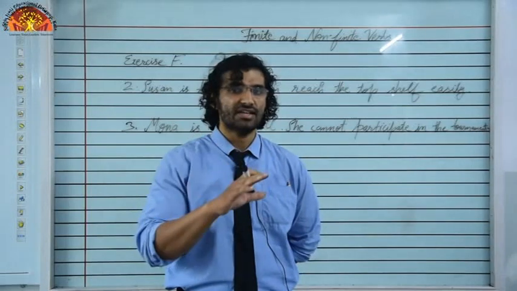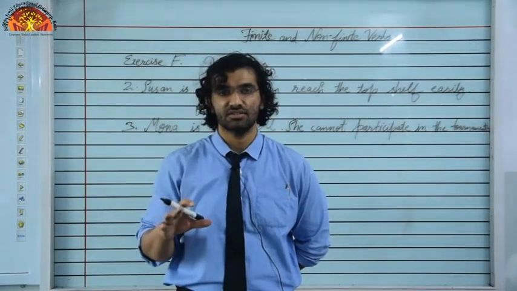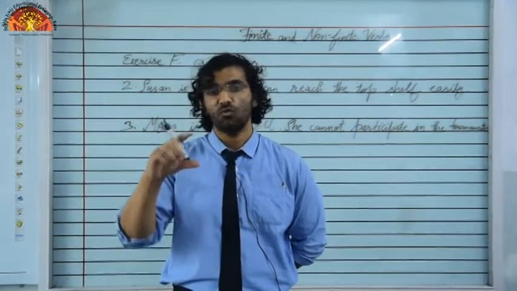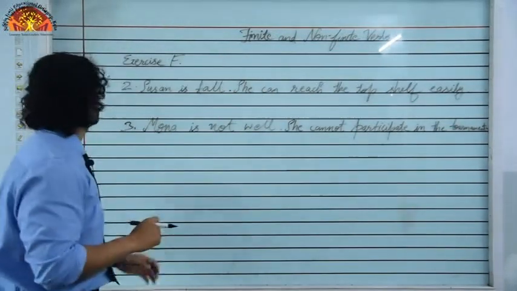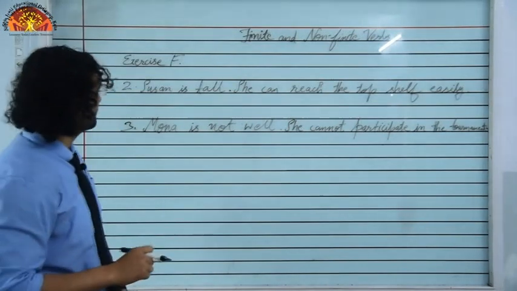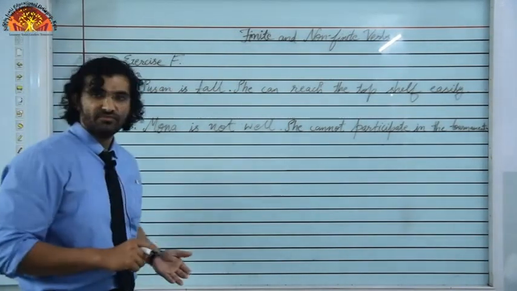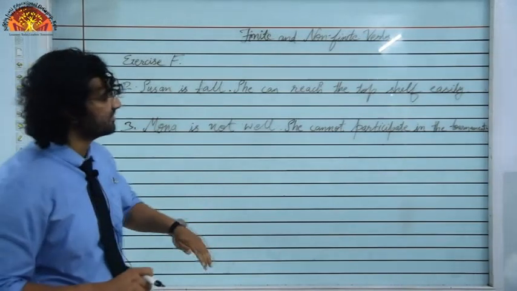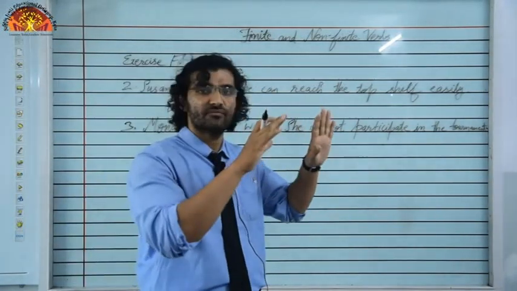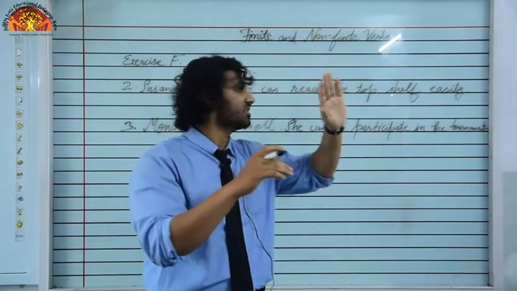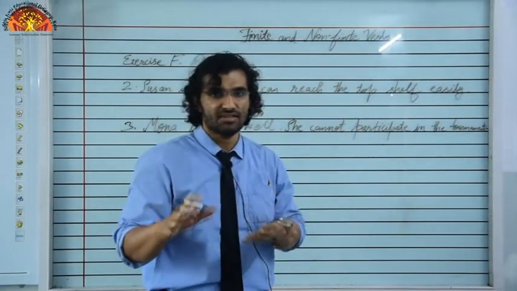In this exercise, we are going to combine sentences using enough with infinitives. Let's see how we will do that. We have the second one of exercise F. Susan is tall. She can reach the top shelf easily, which means her height is enough.